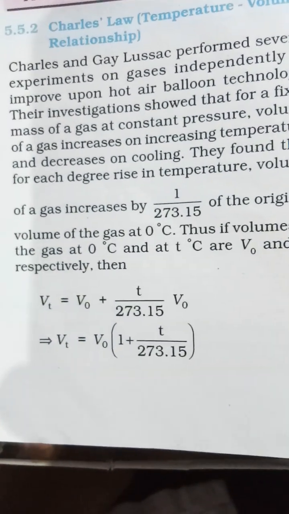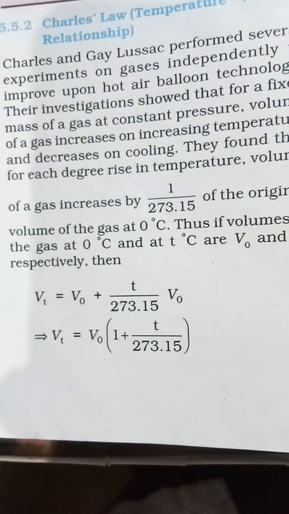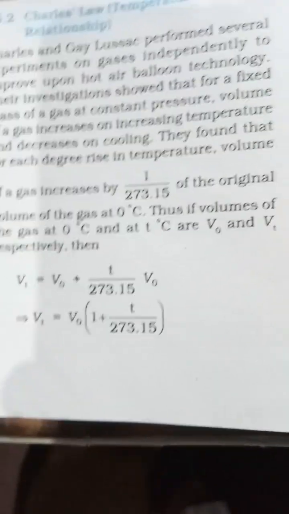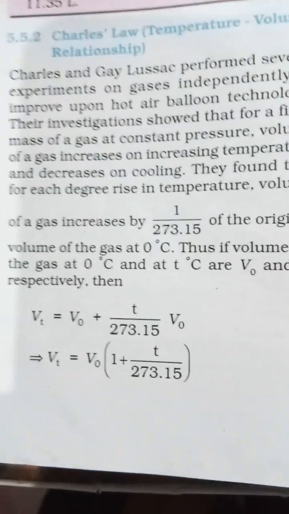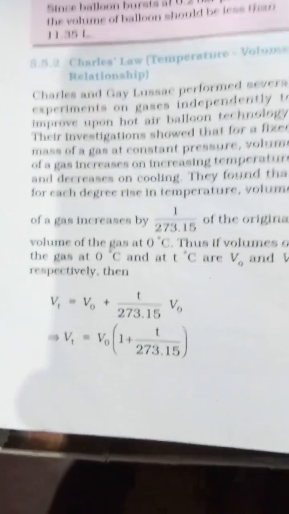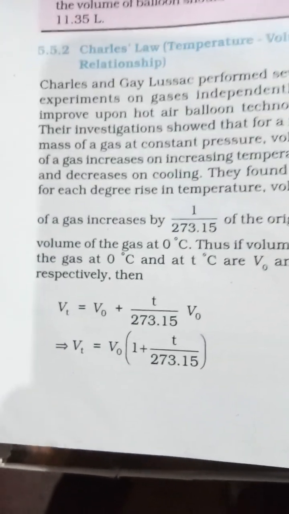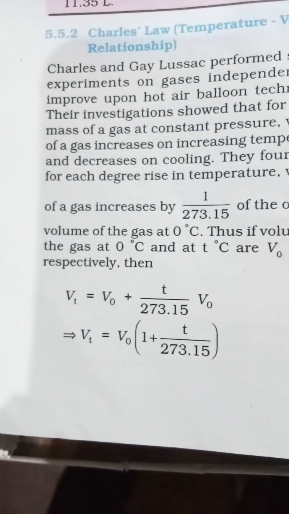Then Vt is equal to V0 plus t/273.15 times V0. This equation provides the relationship of Charles' law, the temperature-volume relationship given by Charles and Gay-Lussac.